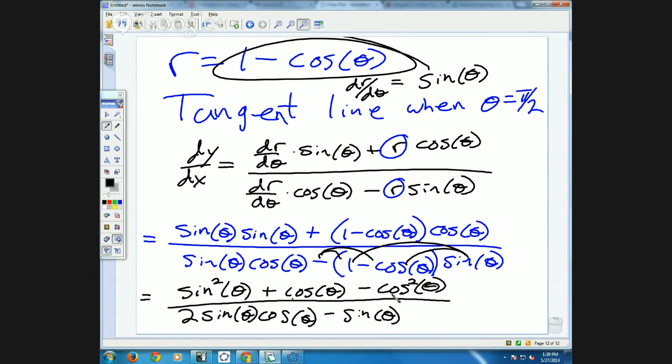Oh, this is interesting. This right here is the sine double angle formula. And this is the opposite of the cosine double angle formula.